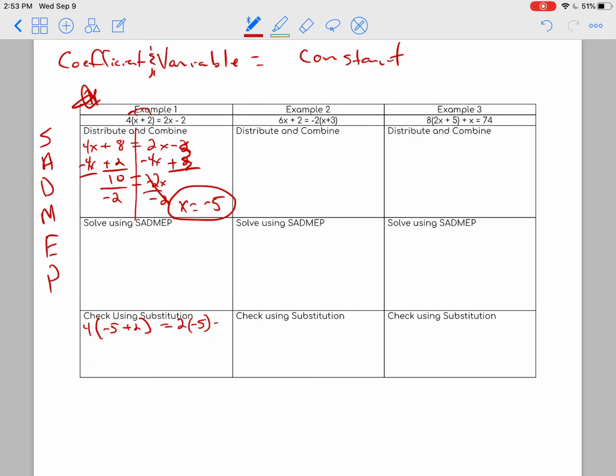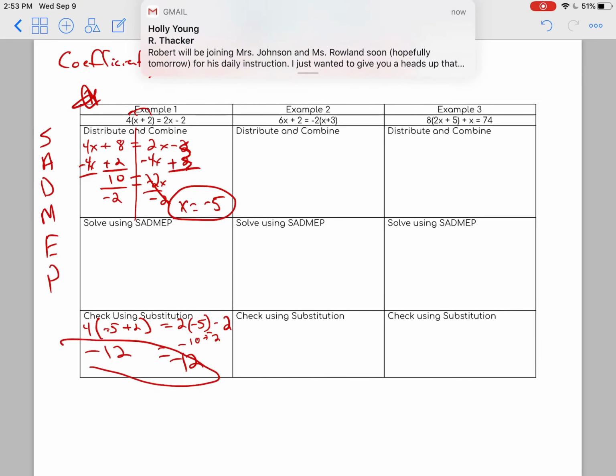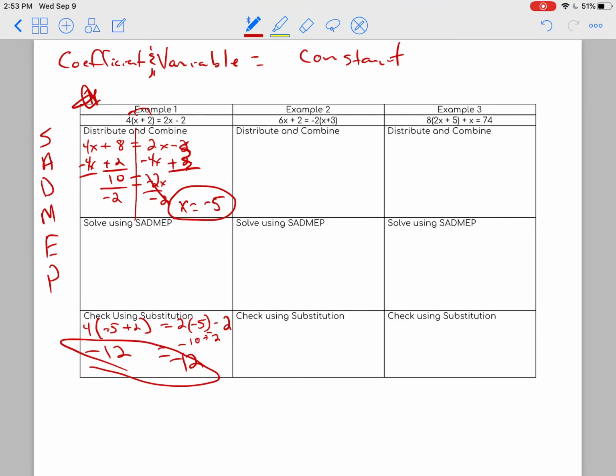If I substitute that back in, negative 5 plus 2 is negative 3 times 4 is negative 12, is equal to negative 10 minus 2. Negative 10 minus 2 is the same as plus a negative 2, so that's a negative 12. Negative 12 is equal to negative 12.